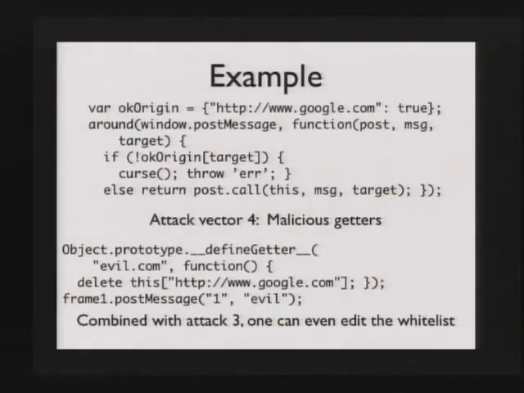So for example, if you want to read the property evil.com, then this could delete google.com from OK origin. So this is a combination with attack 3. You can even edit the whitelist. So again, a very, very dynamic language, and it allows a lot of attacks.